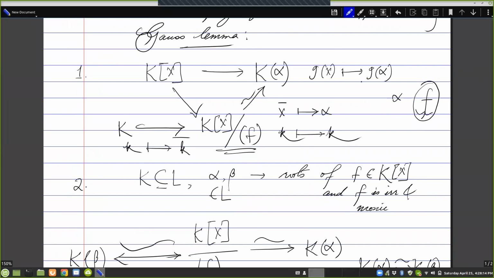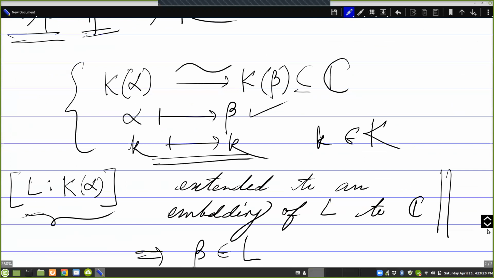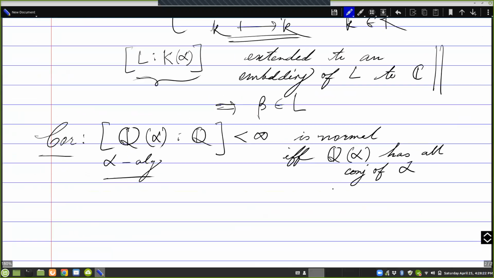So every element of K(alpha) is a polynomial in alpha. A typical element looks like the following: a_n alpha to the power n plus ... plus a_1 alpha plus a_0.